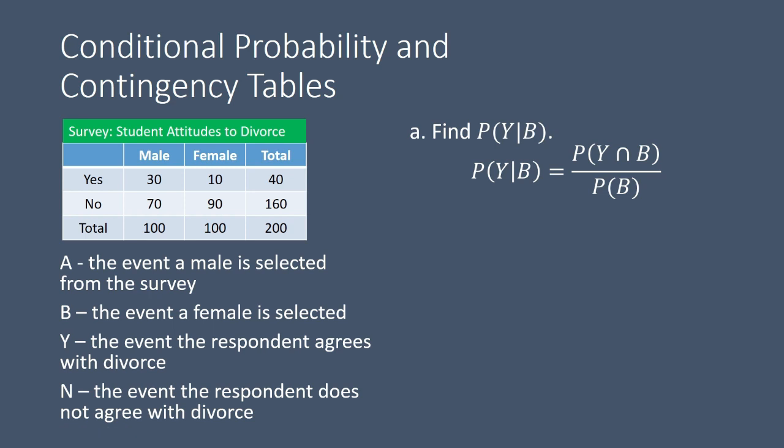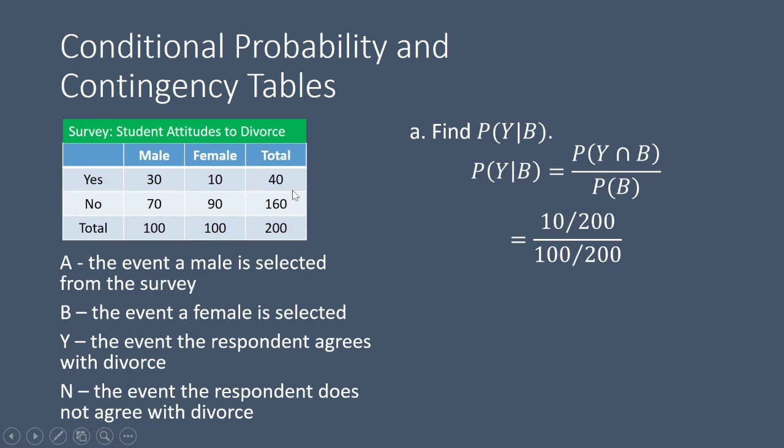So how do we compute for this? Again, we can use the frequency method. What is the probability of Y intersection B? It's the event when the respondent agrees with divorce, and at the same time she is a female. So we will look into this.